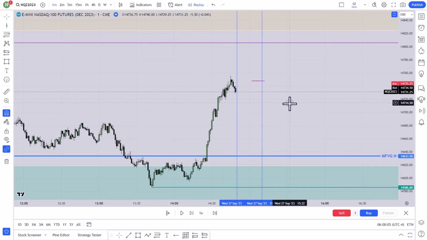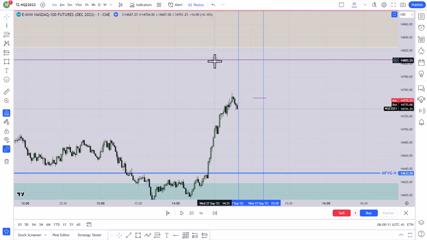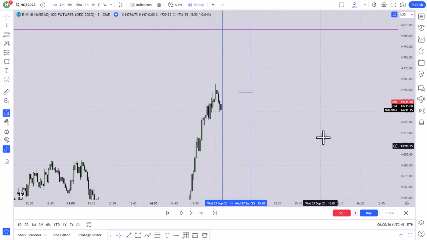So what should be your expectation? It has already cleared the sell side liquidity and it's near the buy side liquidity, the relatively equal highs. What is your expectation? Now let's see what price did when it was over there.